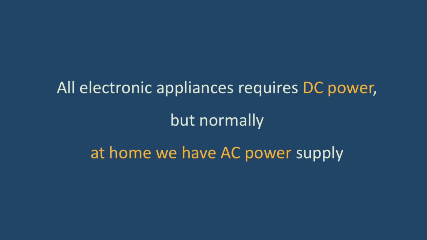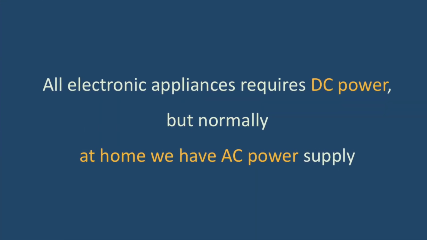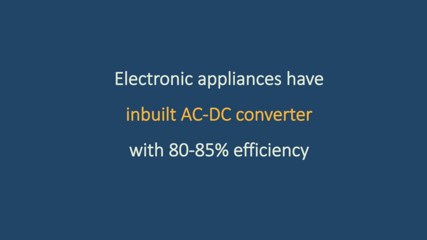And at home, we are getting AC power. So if you are trying to run your electronics on AC power, what you are doing without knowing is always converting AC power into DC power. Inside your TV, there will be a converter sitting that will convert AC into DC. Inside your laptop charger, you will have a converter that will convert AC into DC.